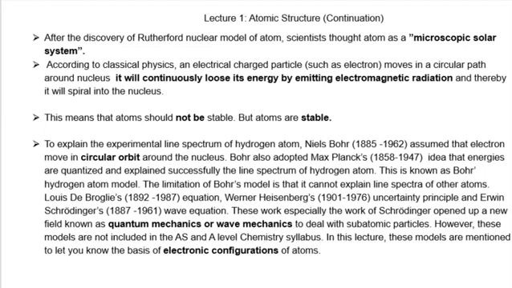If this is so, we should not get a stable atom, but we are always getting stable atoms. So therefore, the Rutherford nuclear model also has limitations.